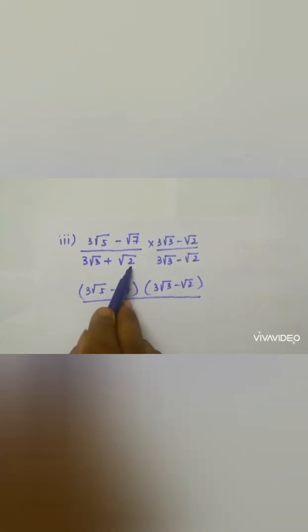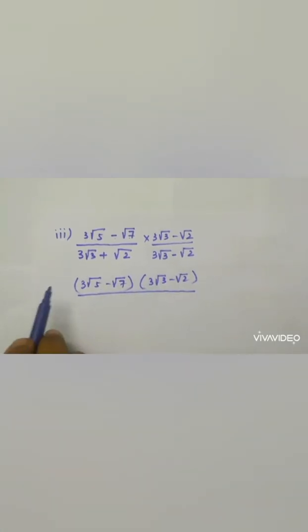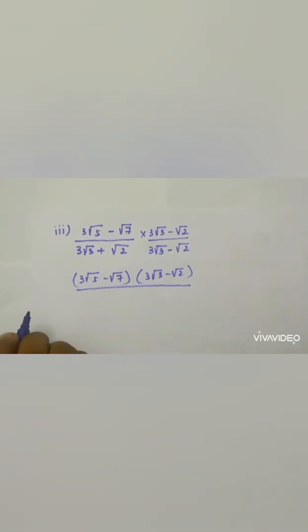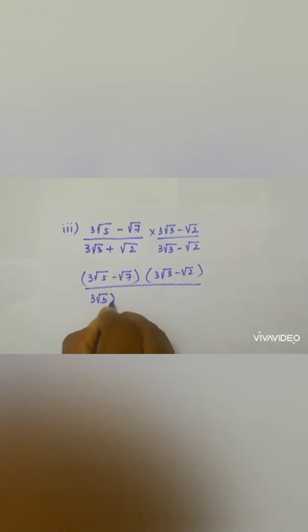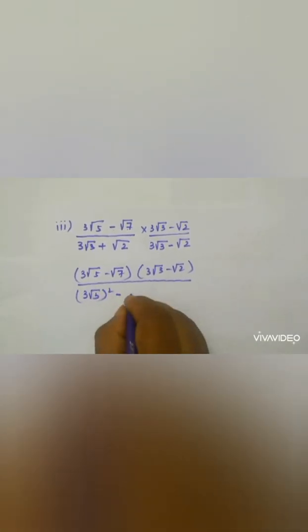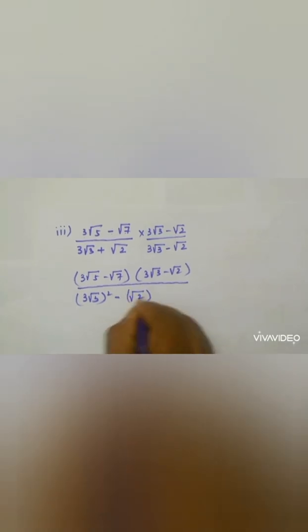Again the denominator is in a form of a plus b into a minus b. So, the identity is a square minus b square. 3 root 3 whole square minus root 2 whole square.